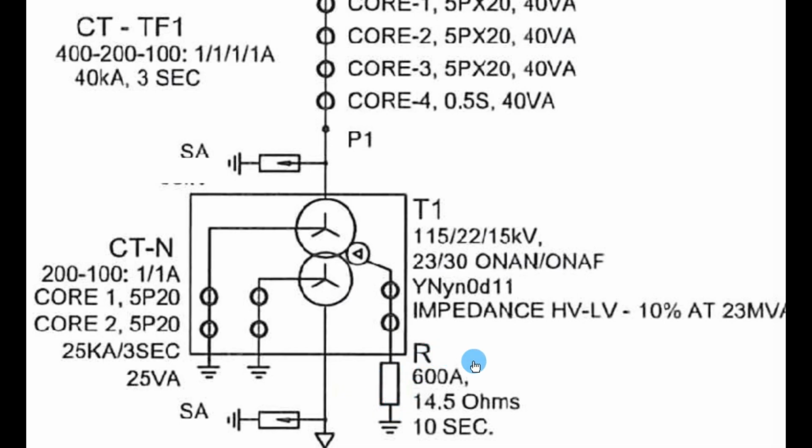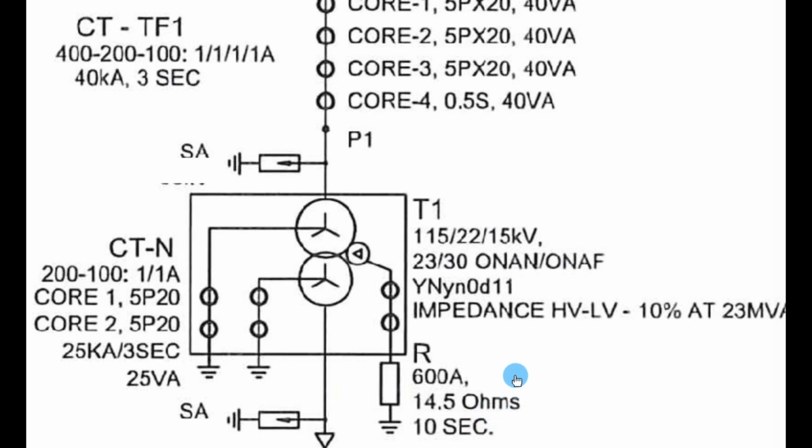This resistor is 14.5 ohms, and here it shows 600 amps. That means the neutral path will not carry 600 amps continuously, but it says that if 600 amps flow in this path, this resistor can withstand it for 10 seconds. That's the meaning of this.